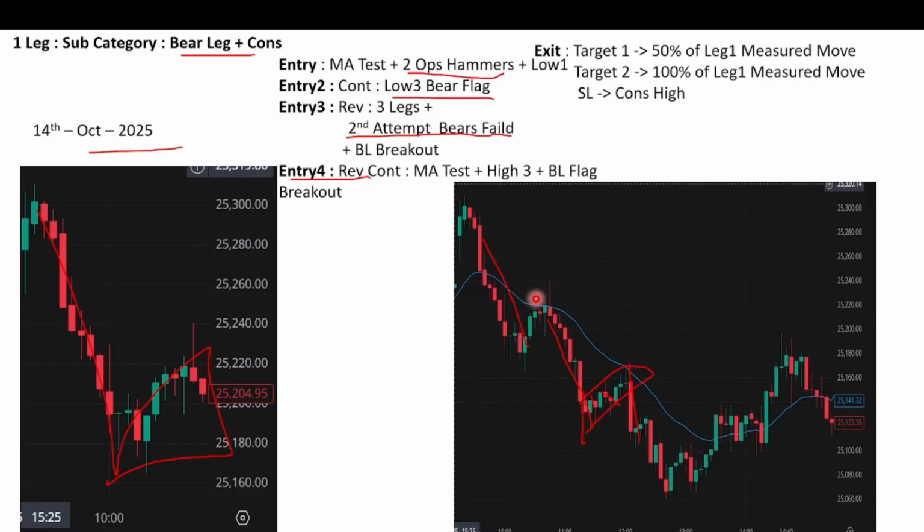That would be your SL in the system. For bull trades, that will be the low of your leg 3. That will be your SL in the system.